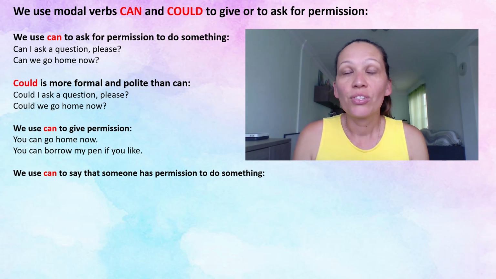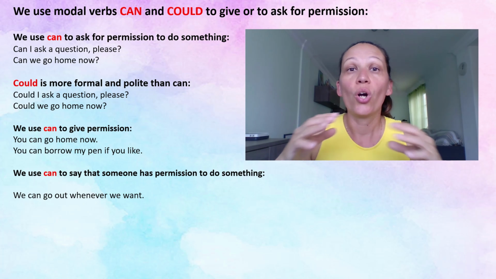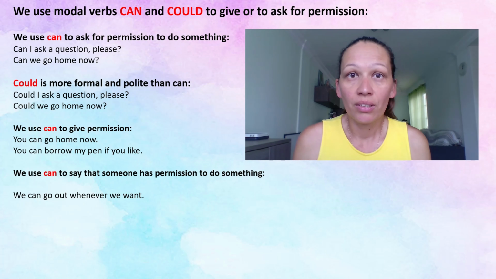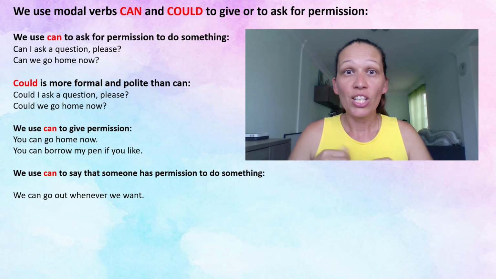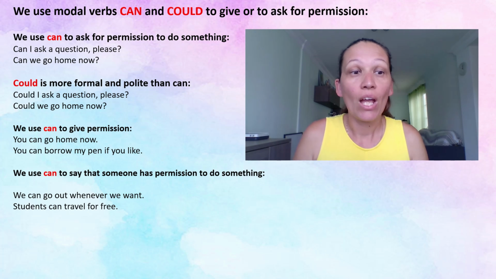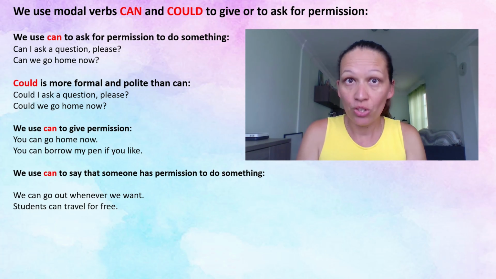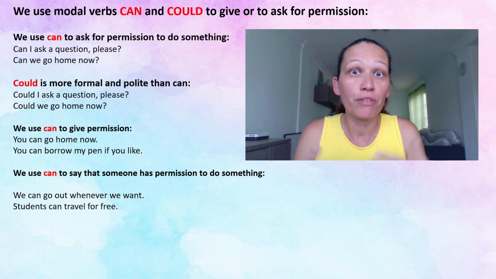We use can to say that someone has permission to do something. For example, we can go out whenever we want. So for example, we're on holiday, so we can go out whenever we want. Or for example, students can travel for free. In some countries, students have this permission to travel, to use public transport for free.